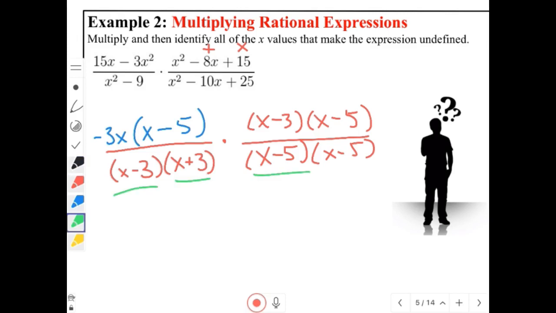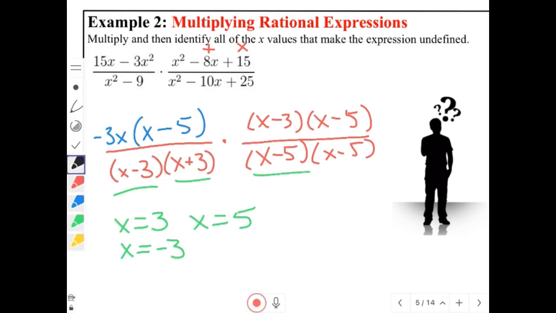For that first term, if I plugged in x equals 3, I would get a 0. For the second part, I would plug in x equals negative 3, and for the last one, x equals 5. If I plugged any of those in, I would end up with a 0 in the denominator, and the whole problem would be undefined.